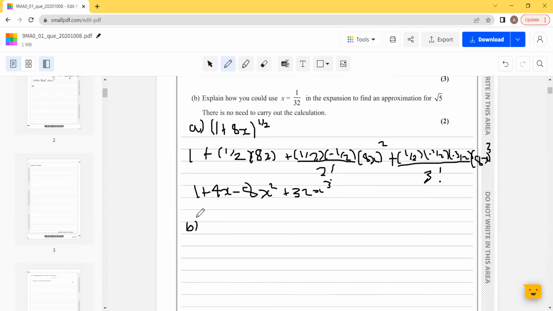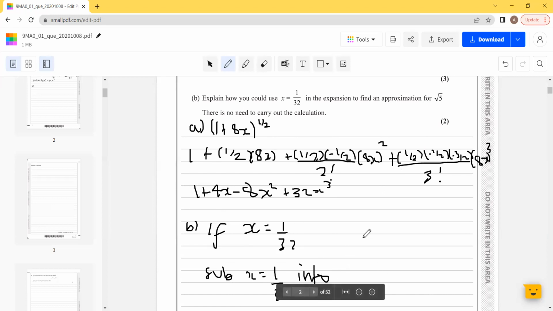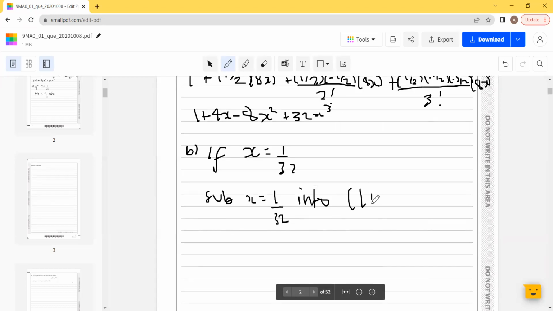Okay, part B. Explain how you could use x equals 1 over 32 in the expansion to find an approximation for root 5. There is no need to carry out the calculation. So if x equals 1 over 32, we can substitute x equals 1 over 32 into not the expansion, but just (1 + 8x) to the power of a half.